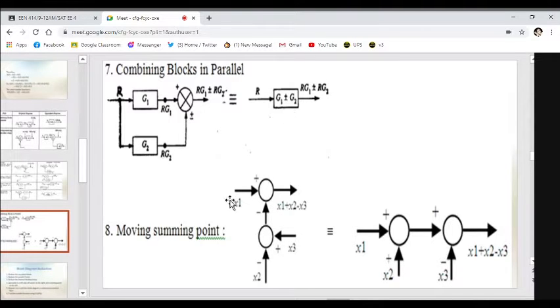Okay, so another one is moving a summing point. So kung ganito yung summing point mo, gusto mo siyang maging horizontal. Kasi mas madaling tignan, mas madaling magbasa kapag naka-horizontal. Okay? So, ipapasok mo lang siya, pero you have some changes, no? Katulad dito.